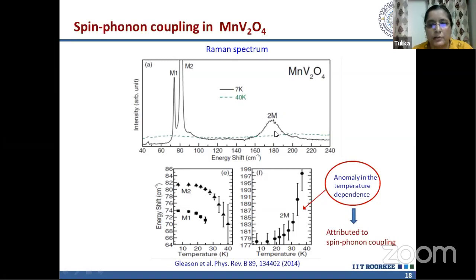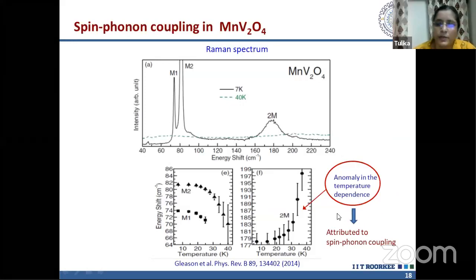This 2 magnon peak seems to have anomalous temperature dependence. That means the energy is increasing when the temperature is also increased, which is unexpected because the spin-spin correlation should decrease, and therefore the energy also should decrease, like in this case. So this anomaly was attributed to spin phonon coupling.